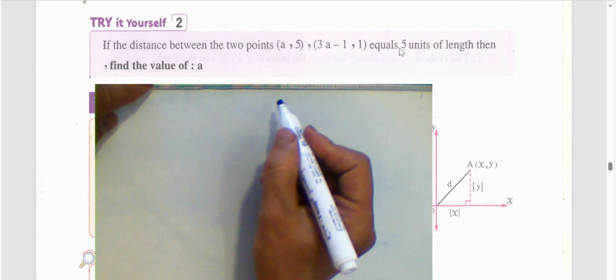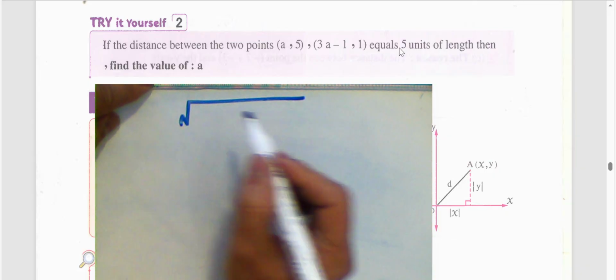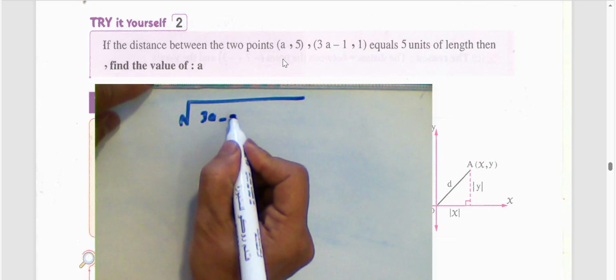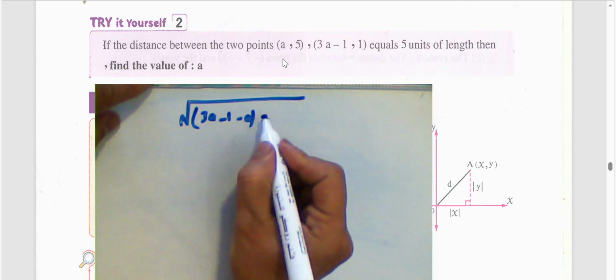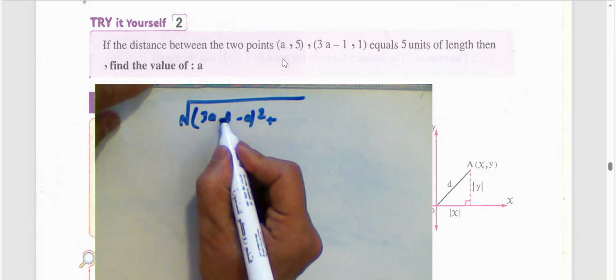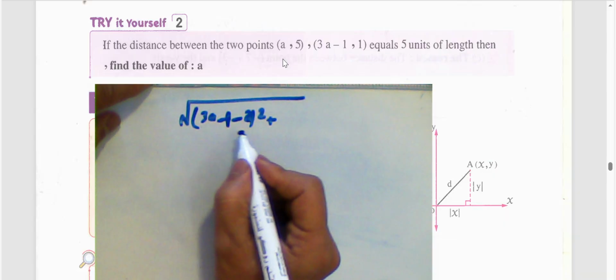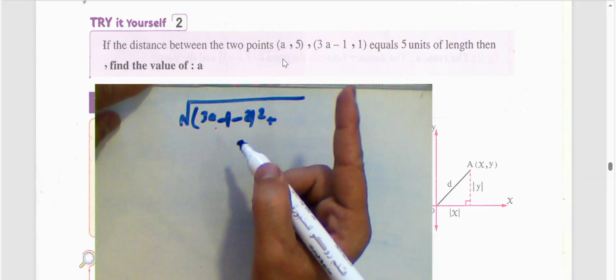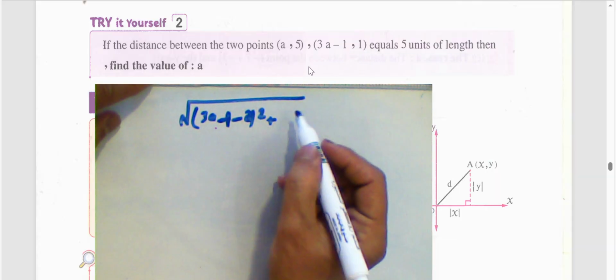Okay, we can find the length by writing the rule: square root of (3a minus 1 minus a) all power 2 plus (1 minus 5) all power 2.